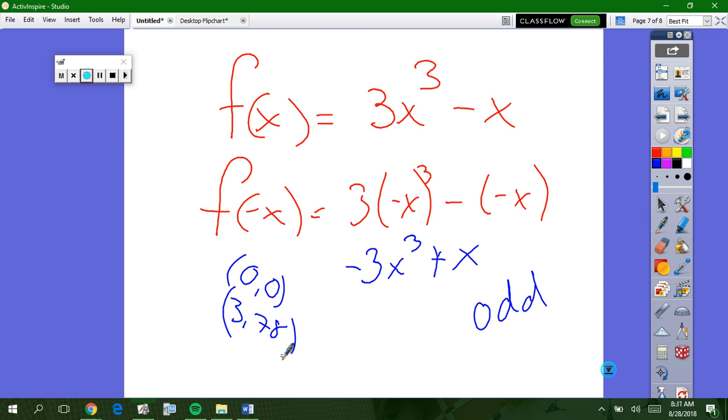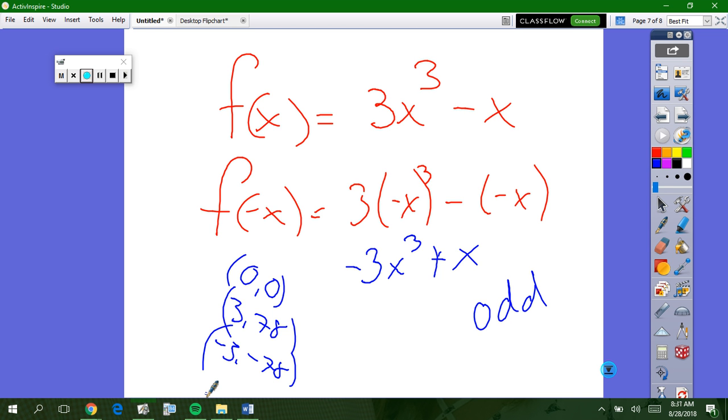Let's try. Negative 3 cubed, negative 27. Negative 27 times 3, negative 81. Minus a minus 3, which makes it a plus 3. So negative 81 plus 3 is negative 78. Okay. On your test, if I ask you to prove if it is even or odd, you must show me that work.